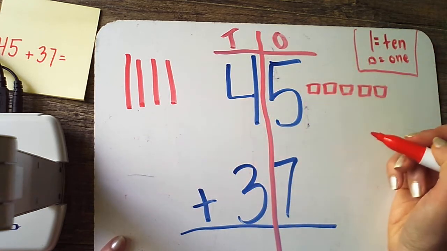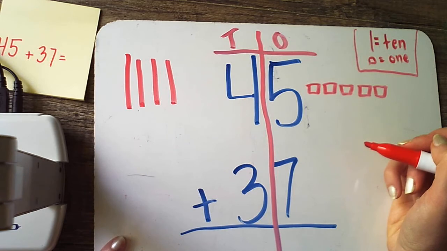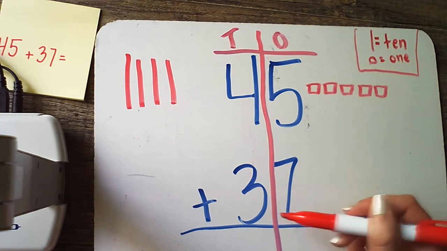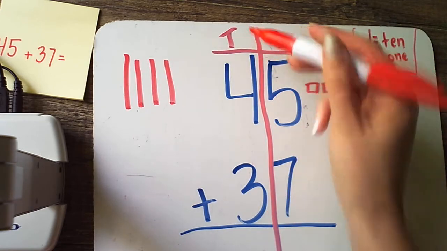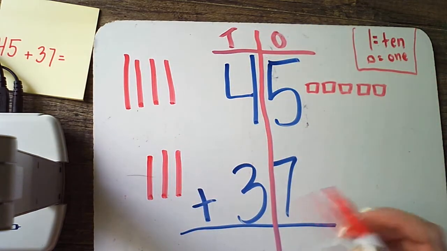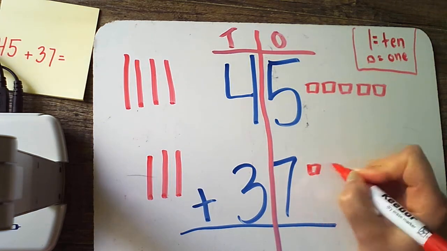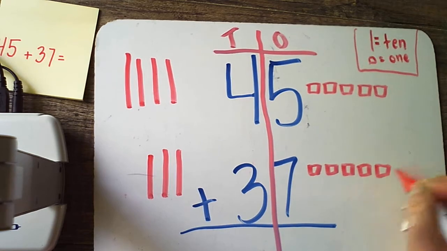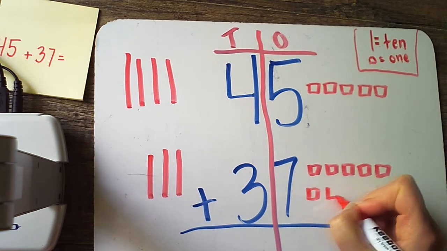I've represented my first addend. Now I'm going to show my next addend, 37. Well, 37 is made up of 3 tens, 1, 2, 3, and 7 ones. 1, 2, 3, 4, 5, 6, 7.